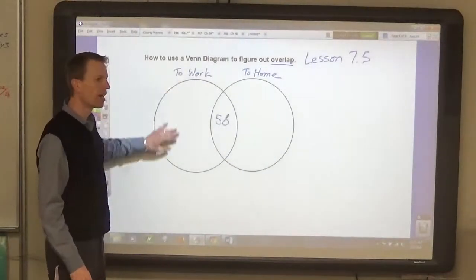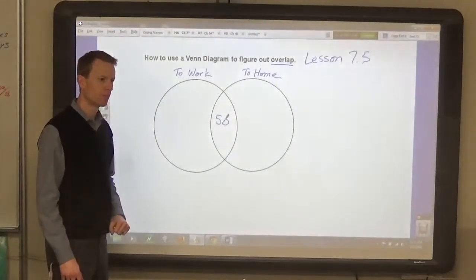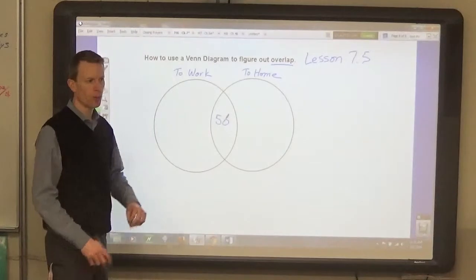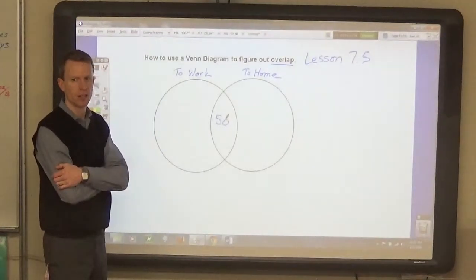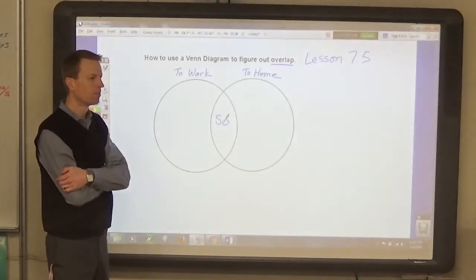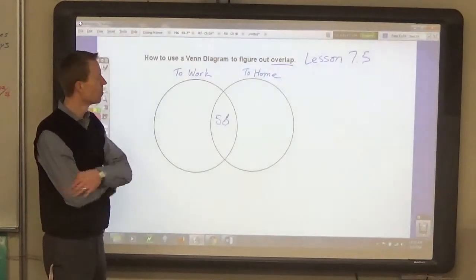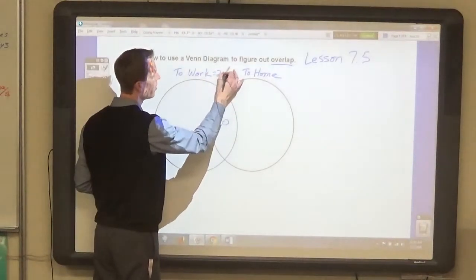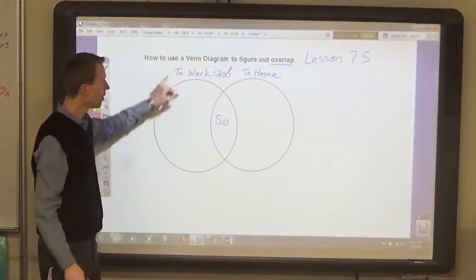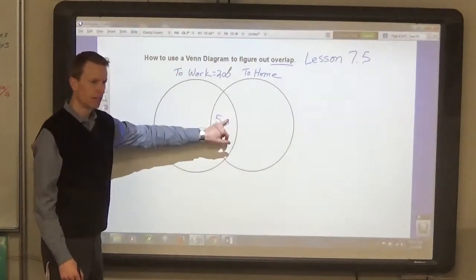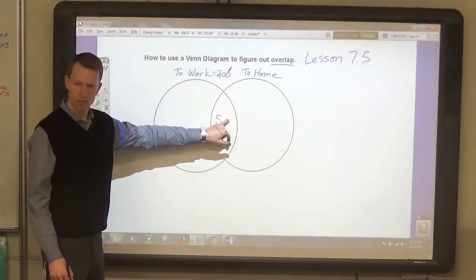Now, where do we put that on our diagram? Where do we put the 200? So that's the number in the problem. Ariana? So just next to this, we can write 200. That 200 people in this circle sit in traffic going to work, right?